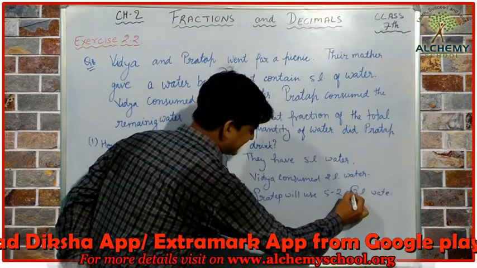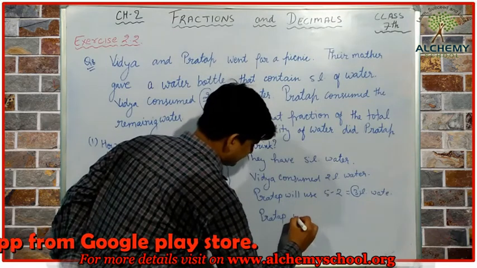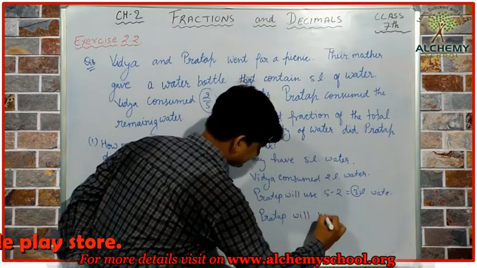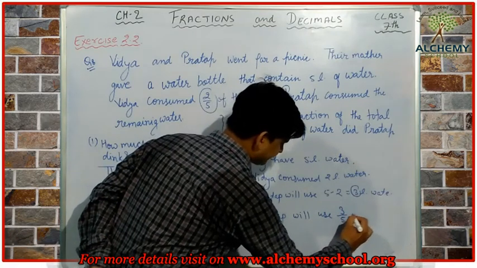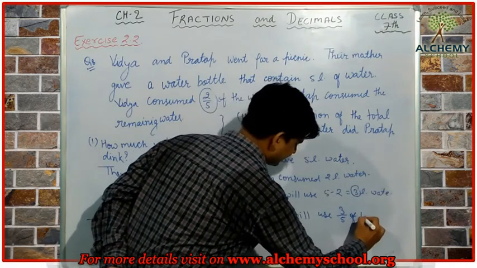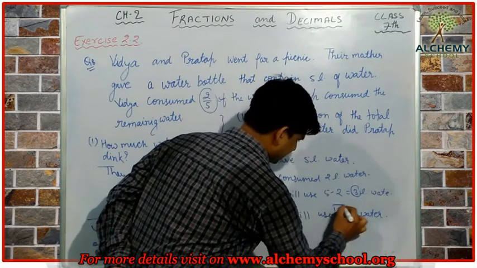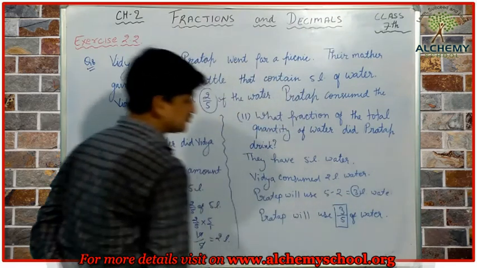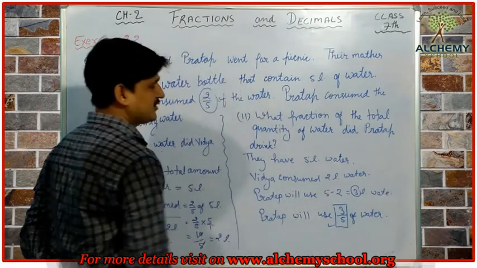Pratap is using 3 liters out of 5 liters. So Pratap will use 3 upon 5 of the water. Okay, so the amount of water consumed by Pratap will be represented by 3 upon 5.